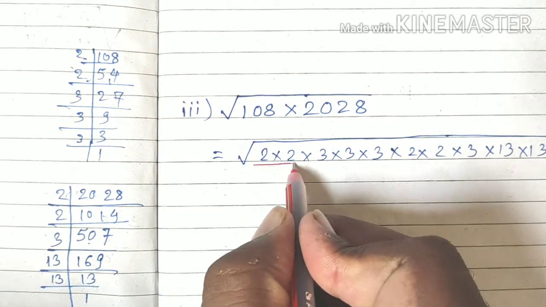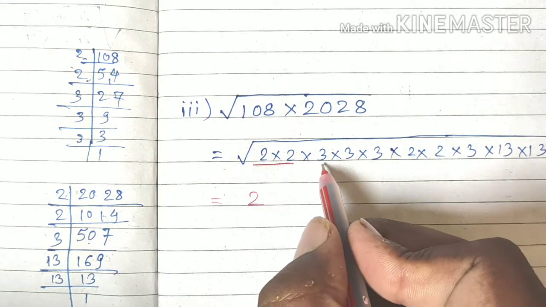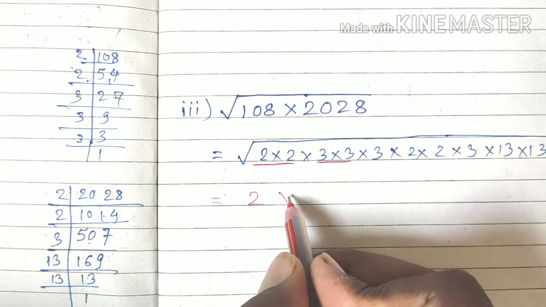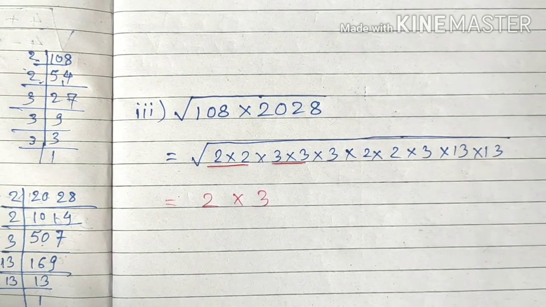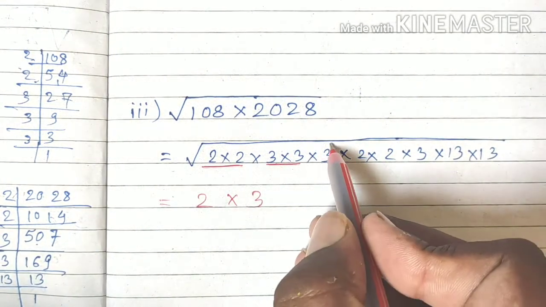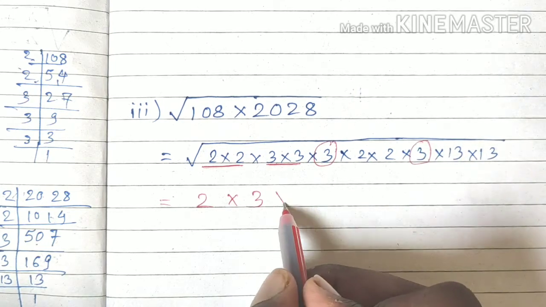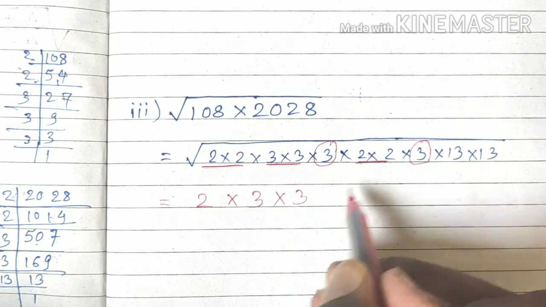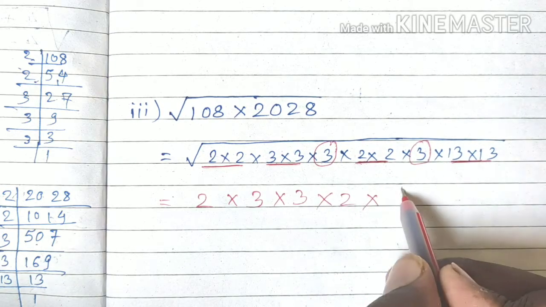There is one pair of 2, so 2 will come out. Similarly, again one pair of 3, so 3 will come out from the root sign. Then one pair of 3, then one more pair of 2, and the last pair of 13.